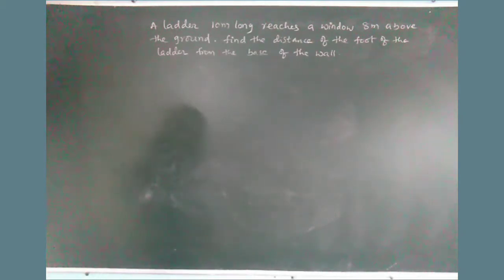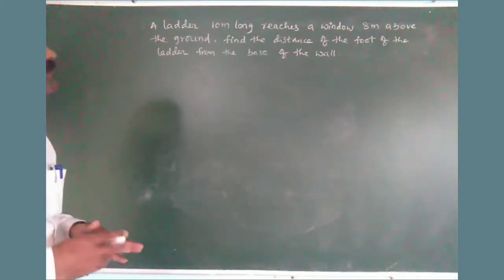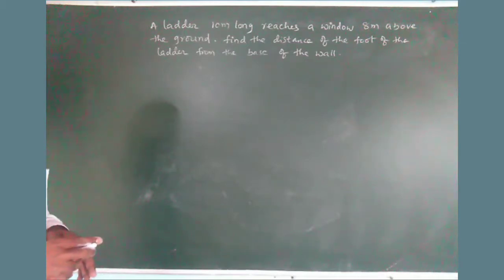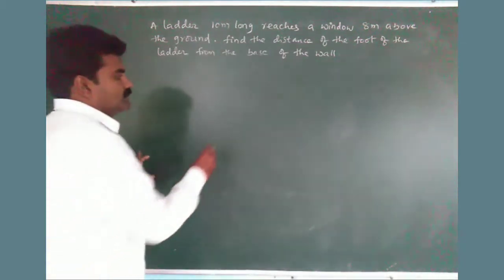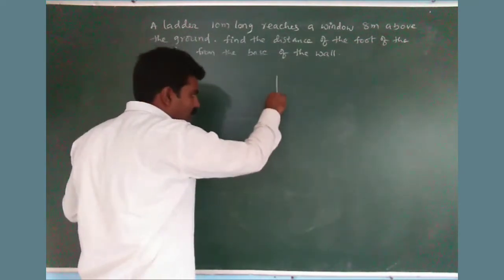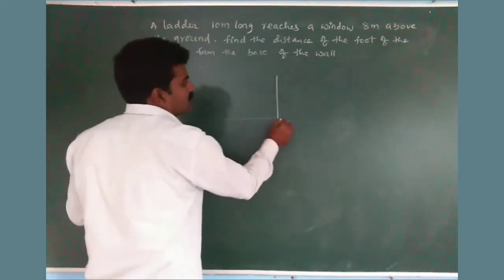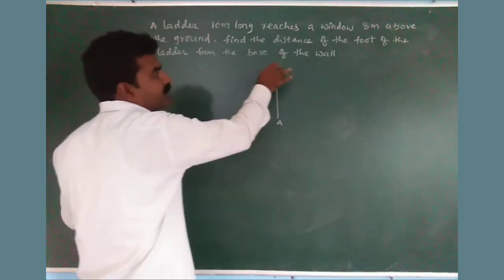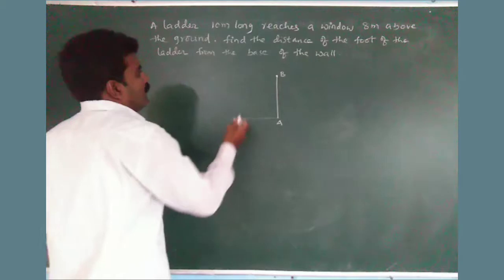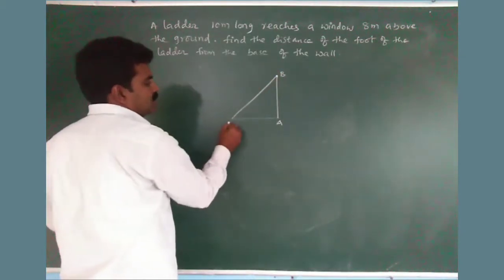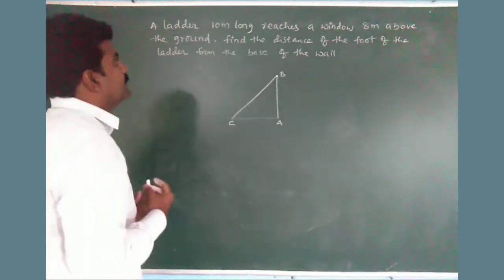See, look at the question once again. A ladder of length 10 meter reaches a window which is 8 meter above the ground. So let it be the ground and let it be the wall, and say that B is the position of the window, and let it be the ladder. So CB is the ladder.